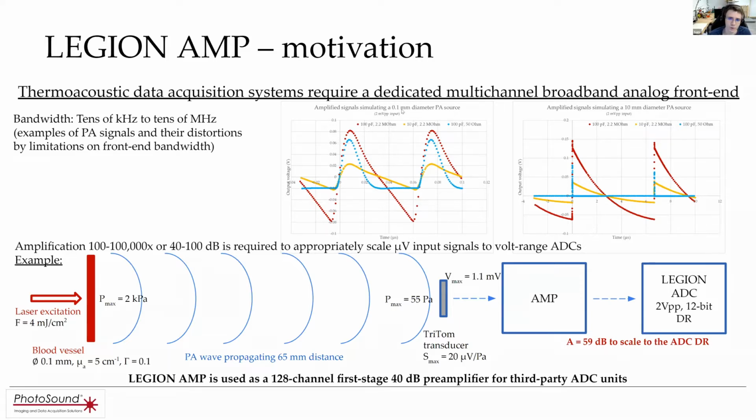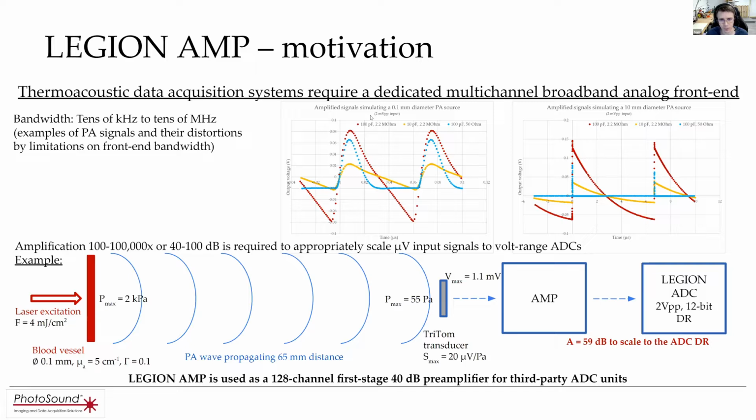On the left, we have a 0.1 millimeter diameter spherical source. On the right, we have a 10 millimeter diameter source. With the smaller source, a lot of our signals are on the higher frequency range, so there's not as much distortion as compared to this 10 millimeter diameter source.